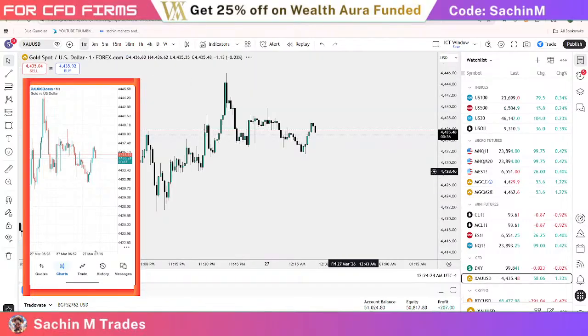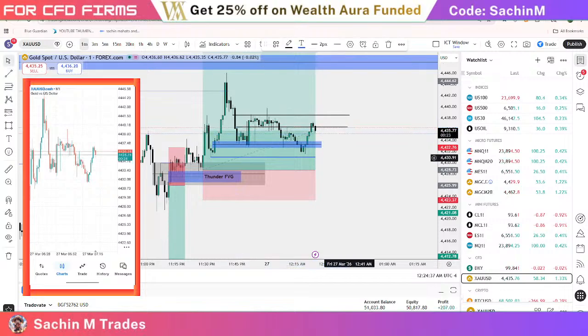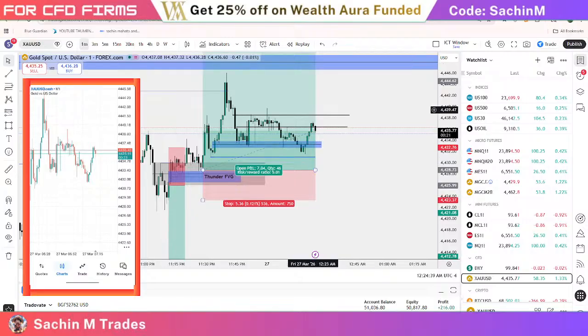So market has started rejecting from this fair value gap. The market is not able to break out of this again. If we break out of this fair value gap, then this fair value gap will become inversion fair value gap for us.